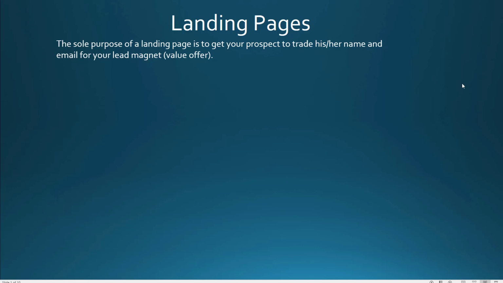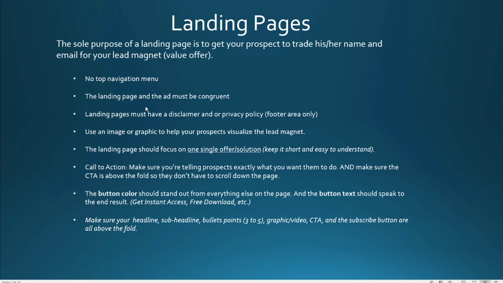Okay, and some things that we want to keep in mind. A landing page has no top navigation menu. There's no home page, there's no contact page, there's no top navigation. The landing page and the ad must be congruent, as I've just mentioned. The text, the wording in the ad needs to be similar to the wording on the landing page.